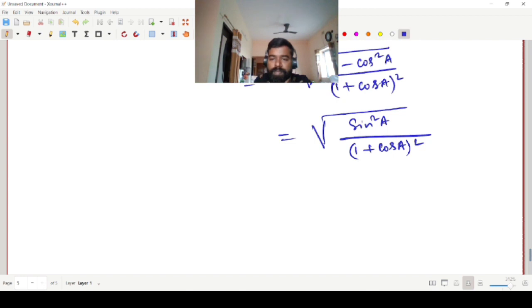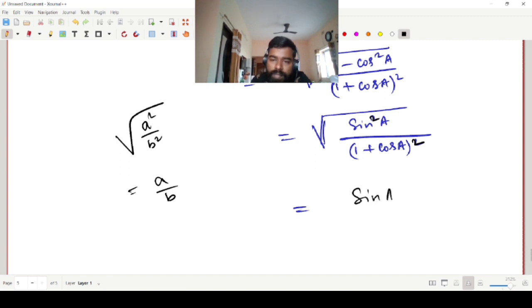Finally you can remove the square root from the numerator and denominator, because we have arrived at squares inside. If we have a square by b square, these two squares help to remove the root and we get a by b. So we write sin A by 1 plus cos A.